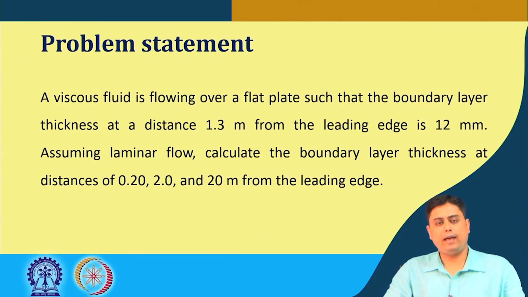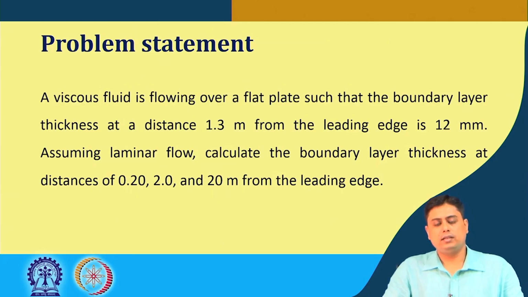Immediately you should have in mind how the boundary layer develops for a flat plate. There was some approach velocity, and from the leading edge, x is 0, the boundary layer grows from 0 to delta.